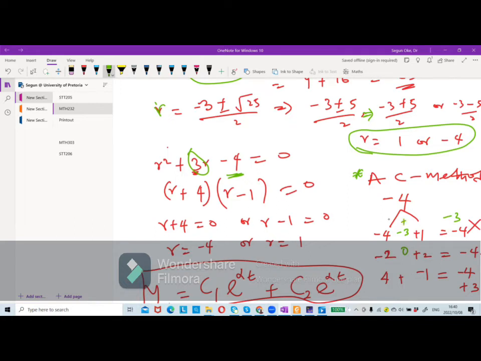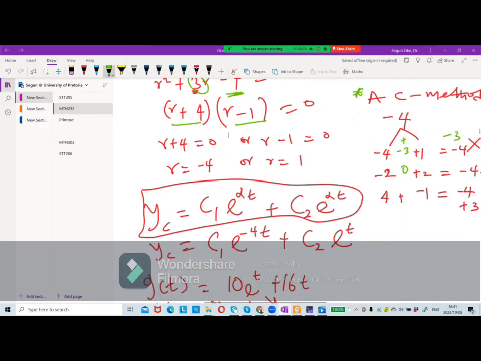So at the end of the day, positive 4 and negative 1 will give us negative 4 and positive 3. So I can also use (r+4)(r-1) equals 0. When we solve for our r, r is either negative 4 or r equals 1. So our y complement in this case, the general formula for y complement is here.